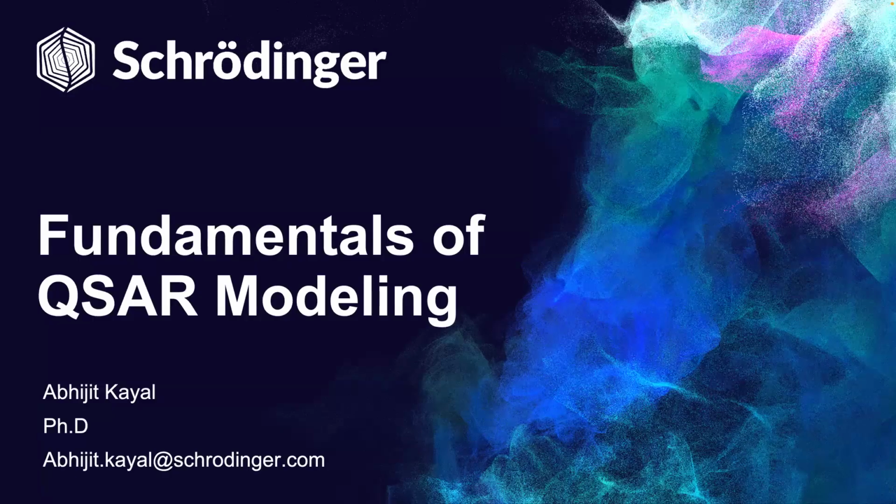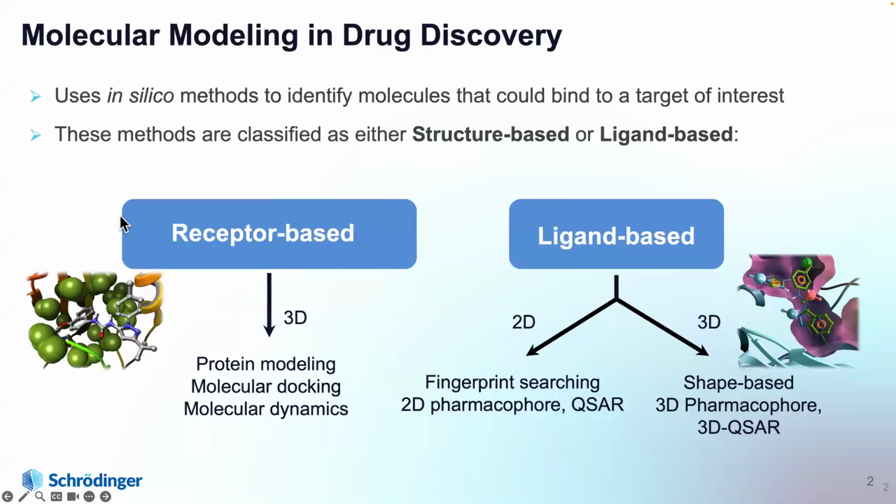So till now, what we have covered is molecular docking. Yesterday we covered molecular docking. Today we have seen molecular dynamics simulation, and those are called receptor-based approaches, which means I know the structure of my protein or the target.